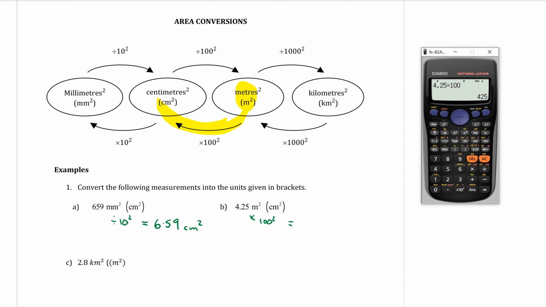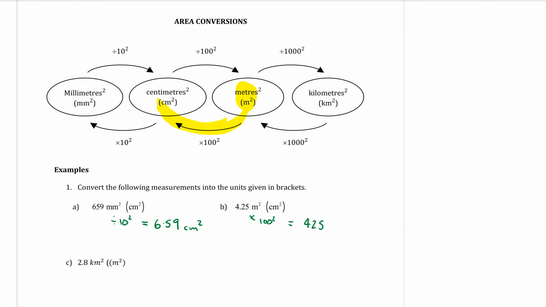Oops, I forgot the squared. Go back. Squared. There we go, which is 42,500 centimeters squared. Make sure you write the units down.